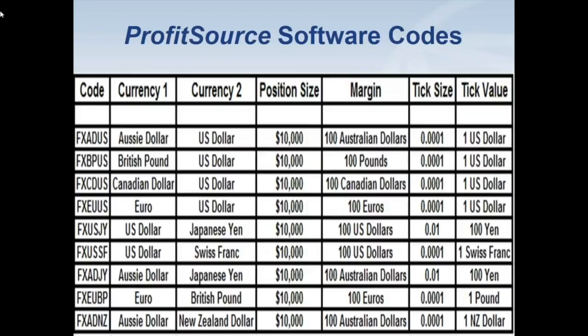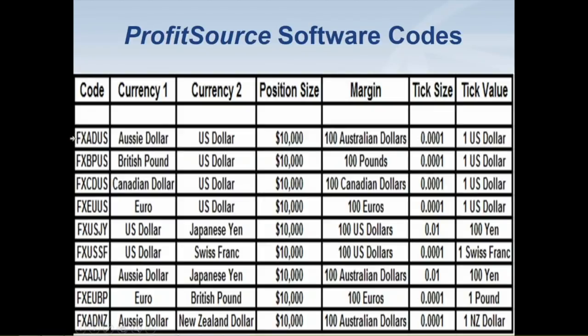Okay, this is a chart that I put together for Safety in the Market students using Profit Source. So these are the codes that are in Profit Source if you are using Profit Source software. You can see over here, every code has 6 letters, and this is just for Profit Source software. You'll have to look this up in your own trading software, but you can see FX, AD, US.